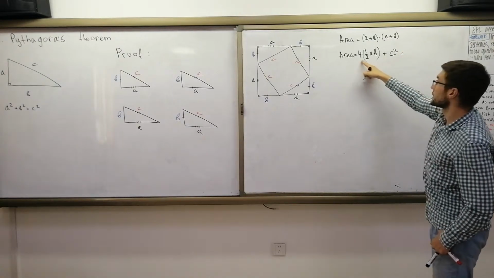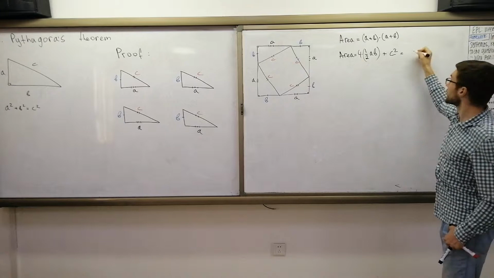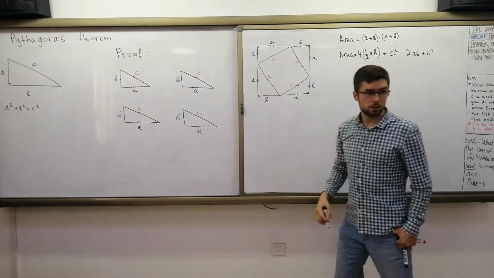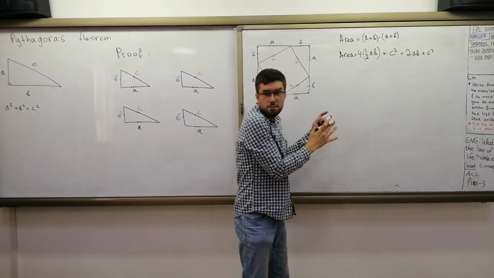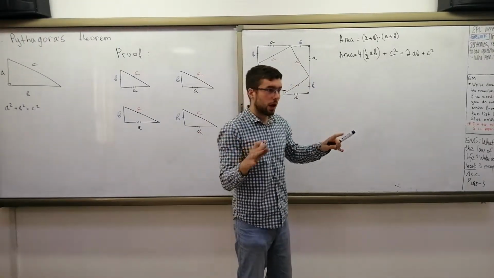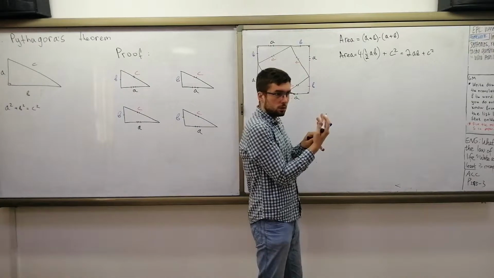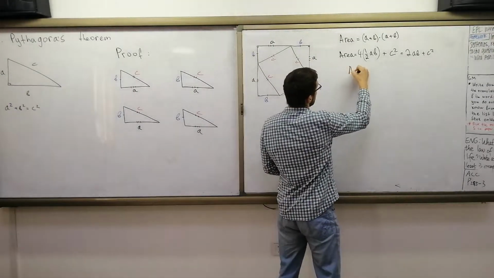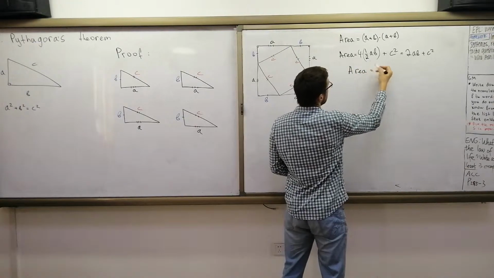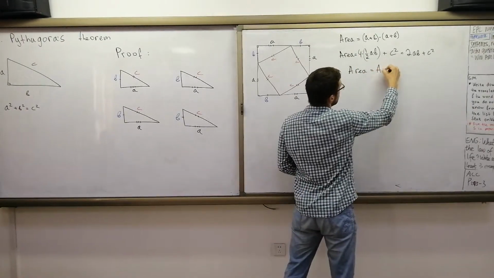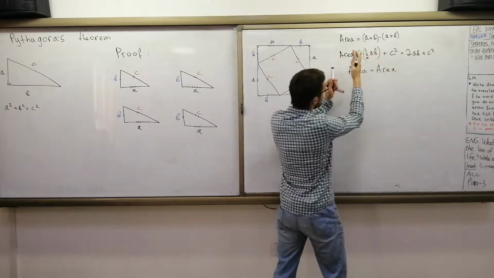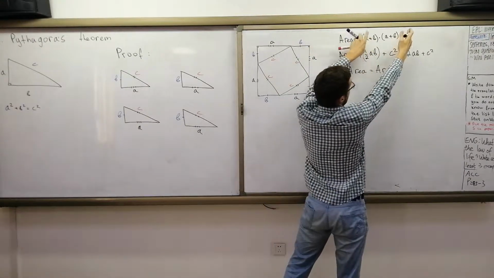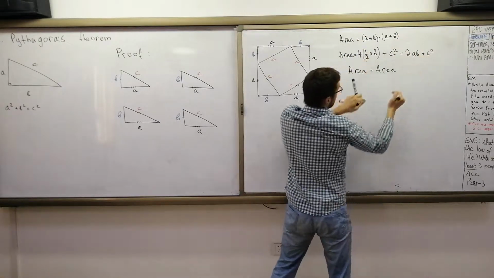If I open these brackets, I'm gonna have 2AB plus C squared, right? And since they represent the same area, I can equate them, right? Because they represent the same thing. So area is equal to area, right? So this left-hand side is equal to this left-hand side, and this right-hand side is equal to this right-hand side.